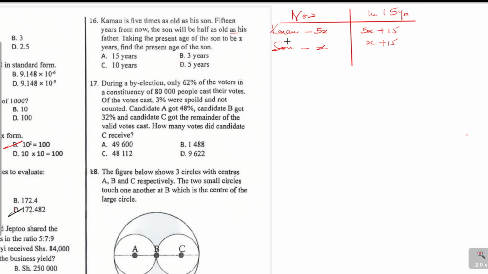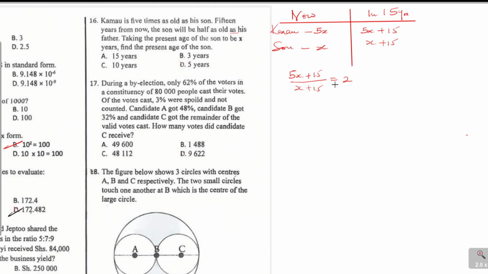So if I get Kamau's age, which is 5X plus 15, and divide by the son's age, which is X plus 15, I'll get 2. Why? Because 15 years from now, the son will be half as old as his father, and that means that the father will be twice as old as his son.